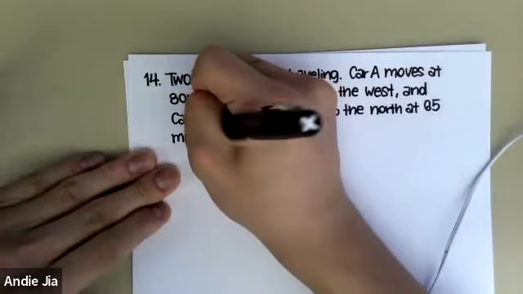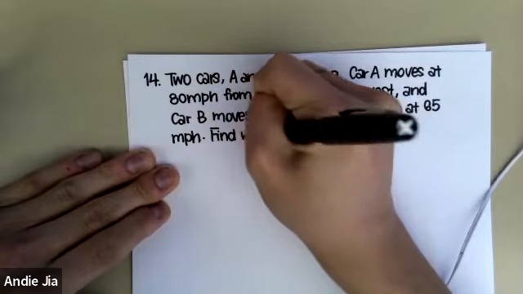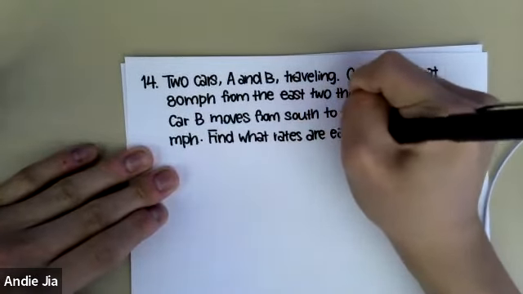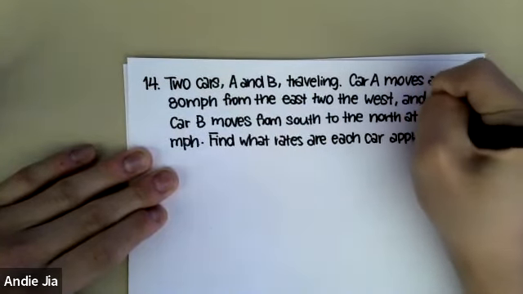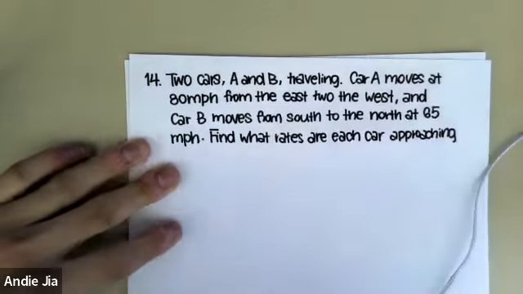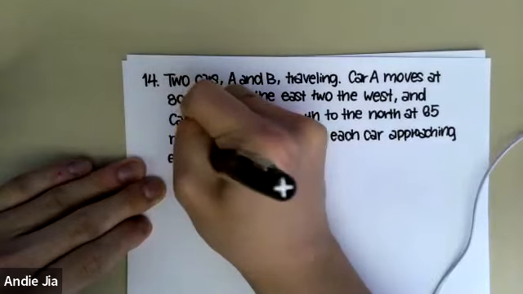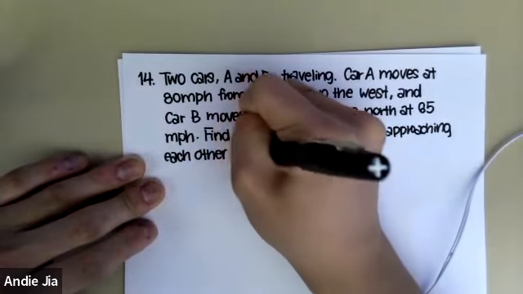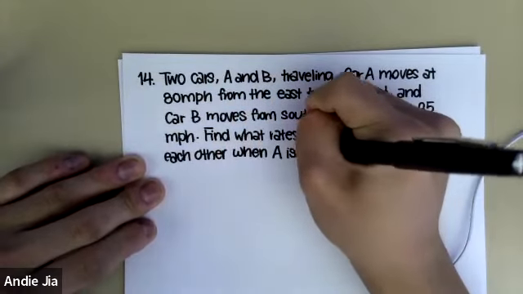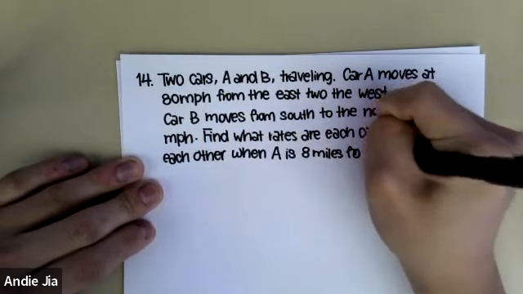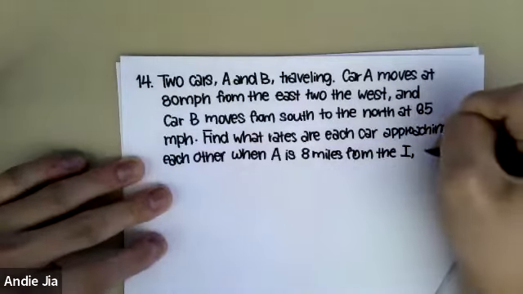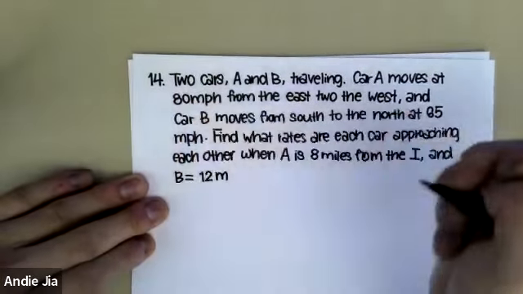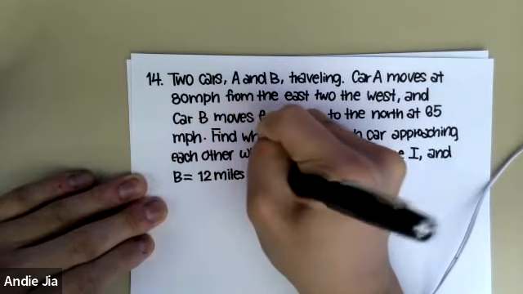Okay, so find at what rate each car is approaching each other when car A is 8 miles from the intersection, and car B is 12 miles from the intersection.